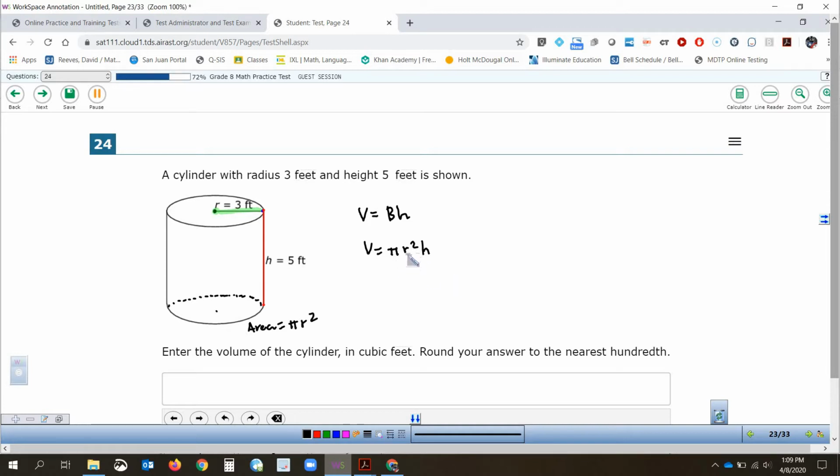Now we just need to fill those in. Pi is a constant, so we don't need to fill in anything for pi. The radius is 3, and the height is 5.